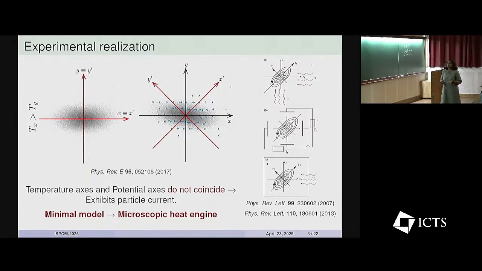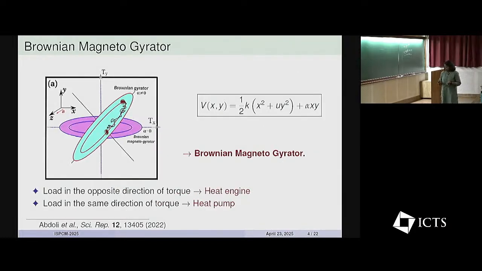In fact, such a setup has been experimentally verified as a minimal model to work as a microscopic heat engine. However, very recently, these groups investigated such a system in the presence of a magnetic field.